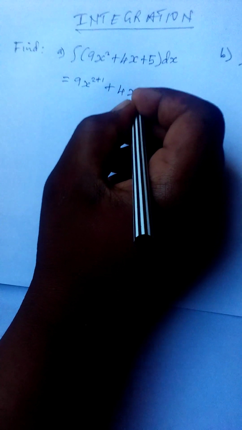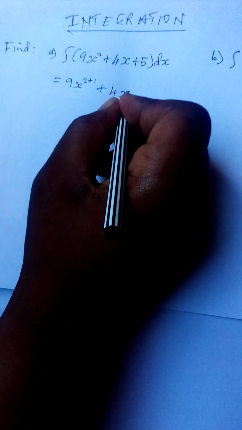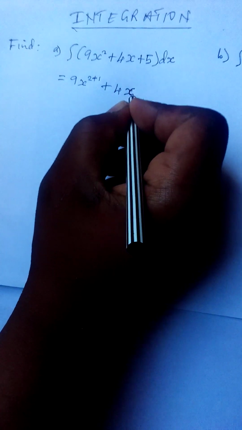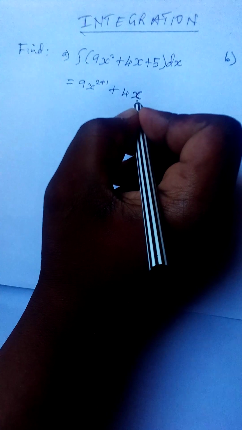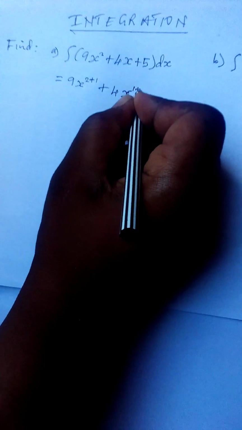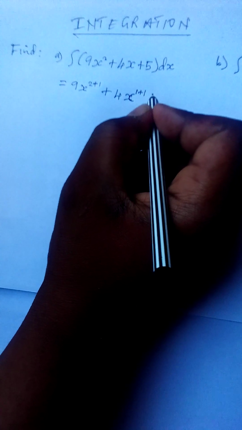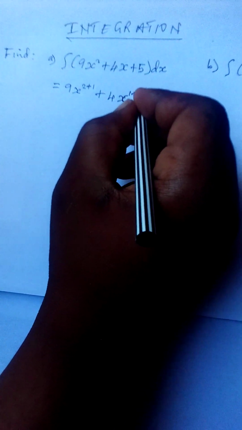You know that if any variable or letter doesn't have any power, the power there is 1. So we say 1, we are always adding 1 to the powers, then plus 5.